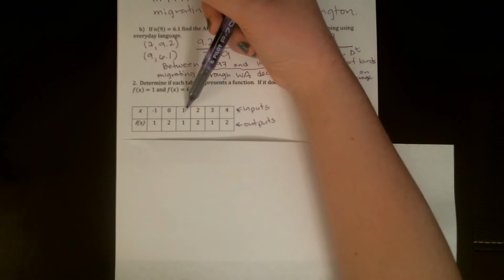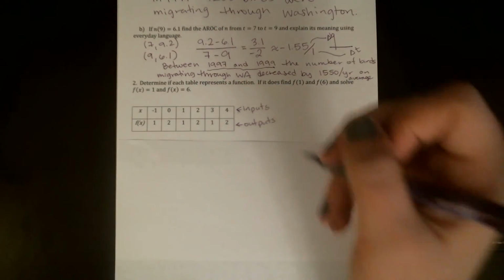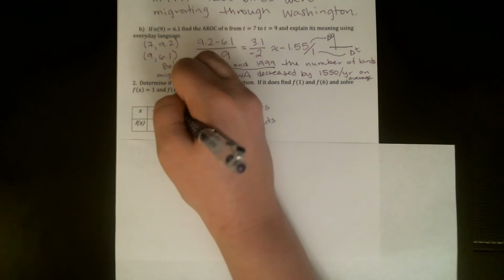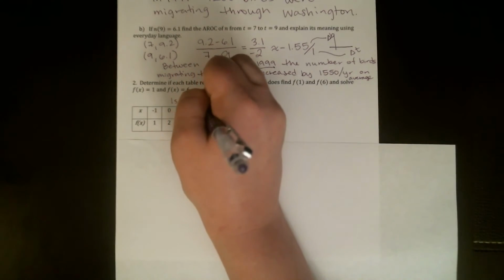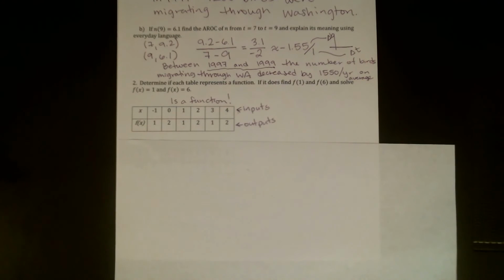If I plug in 1, I get exactly one output, 1, and so on. So this is a function. Again, what I would be looking for is an input value that does not have an output or an input value that has more than one output. Either of those would mean this is not a function, but this one looks great.